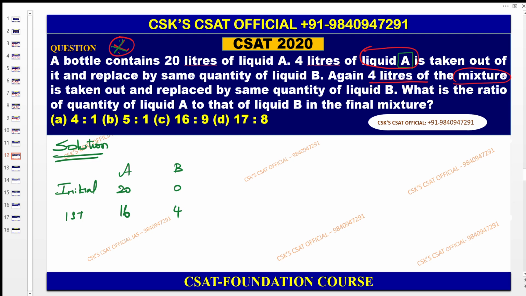Now try to understand. What is the total here? Total here is 20. We are taking here. So in the second one, what we are doing here is, total here is 16. We are taking 4 liter. So how many parts we are taking from this? How many parts present here? Or else how many units present here?